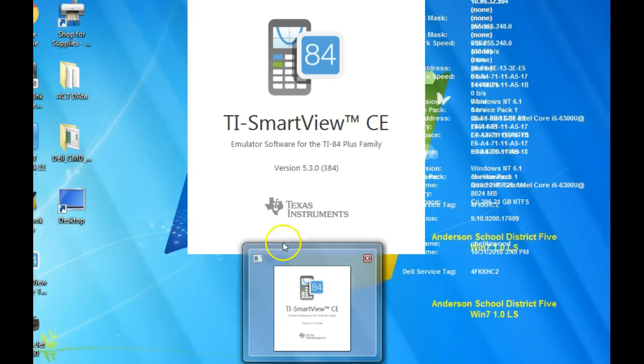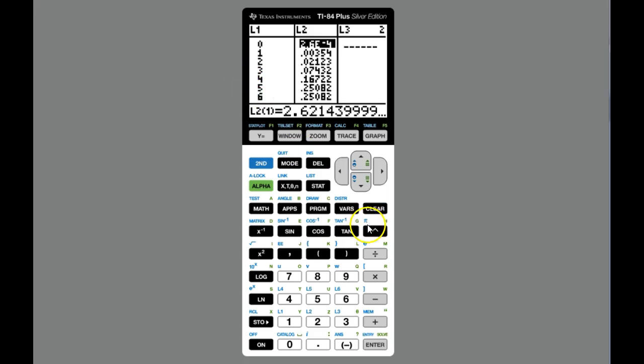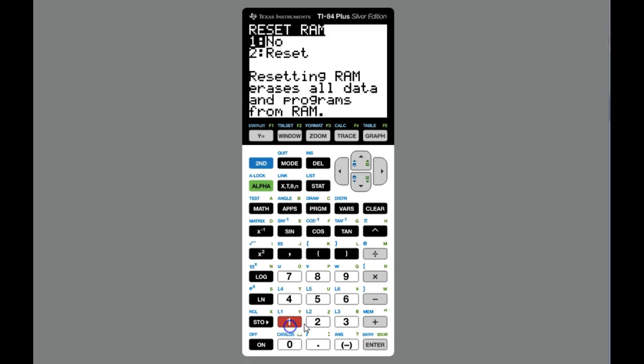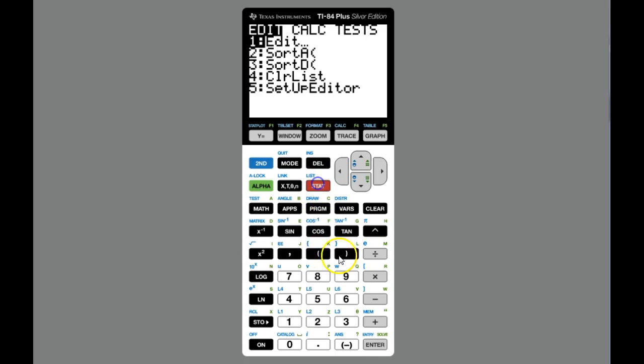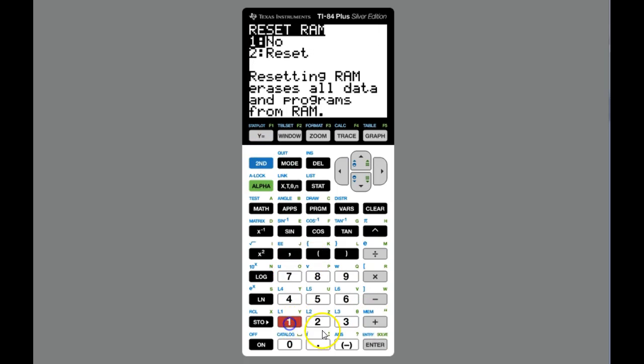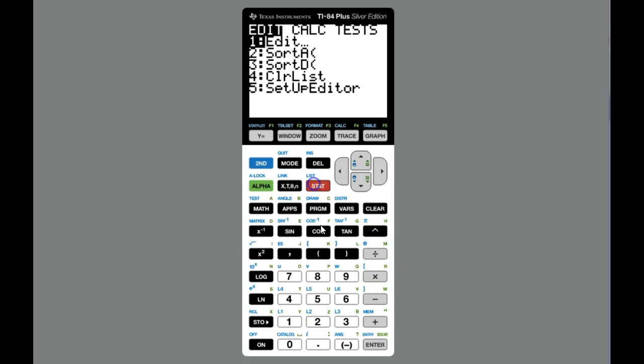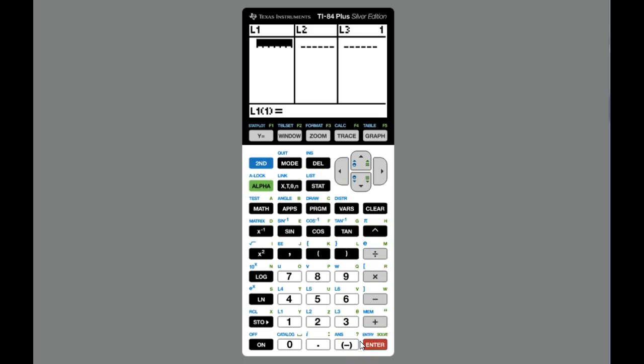As our calculator emulator software comes up, I'll show you how to do it. We'll clear out our calculator, 2nd plus 7, 1, 2. Then I go to Stats, Edit. Let me go again, 2nd plus 7, 1, 2. Okay, now it's clear. I go to Stats, Edit.